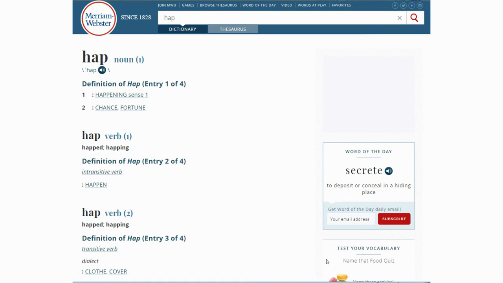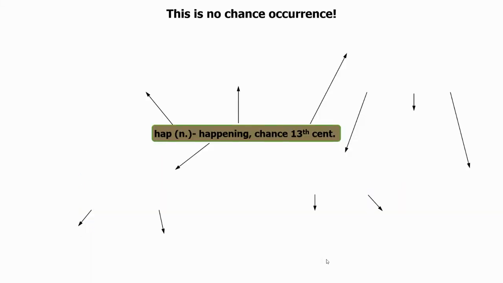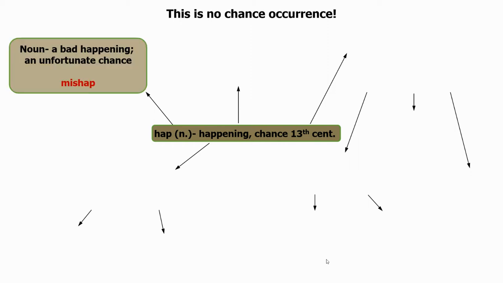It's a noun, meaning a happening, in the sense number one of that word, or chance or fortune. It can also be used as a verb. It's a really long and complicated entry, but hap came into English in the 13th century. And I'm going to use this sort of word tree to amplify how this word root gave rise to a whole tree, or to strain the metaphor, orchard of very useful English words.